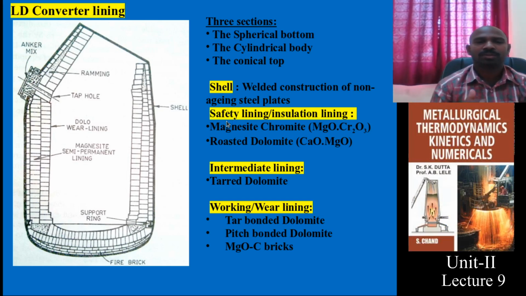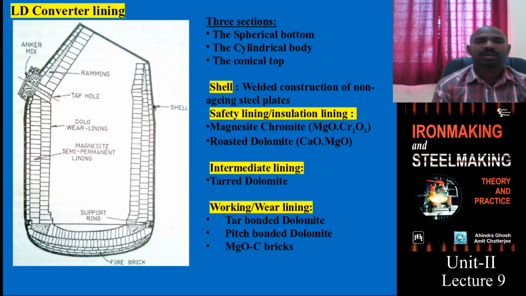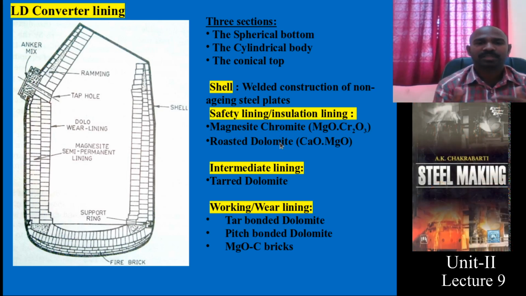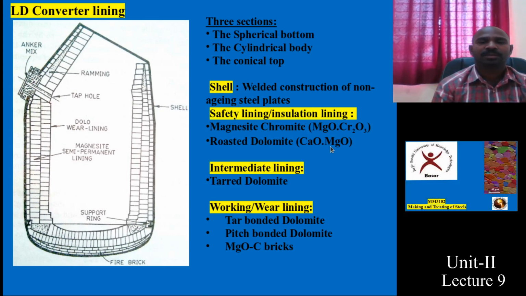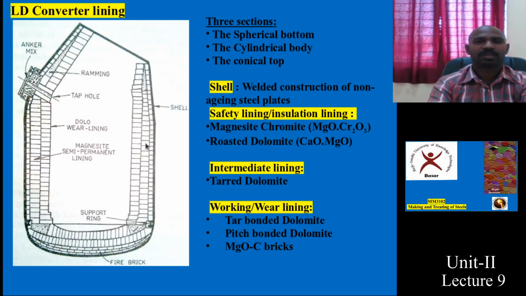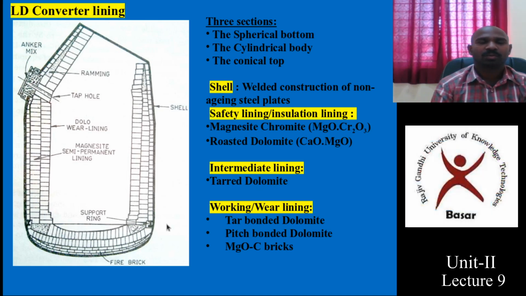And the other thing is the safety lining. Below this outermost shell there will be a safety lining. Mainly in industry practice, these are the combinations of refractory lining used. Either you can call it a safety or insulation lining, a combination of magnesium and chromium or calcium and magnesium. And the intermediate lining is a combination of tar and dolomite.